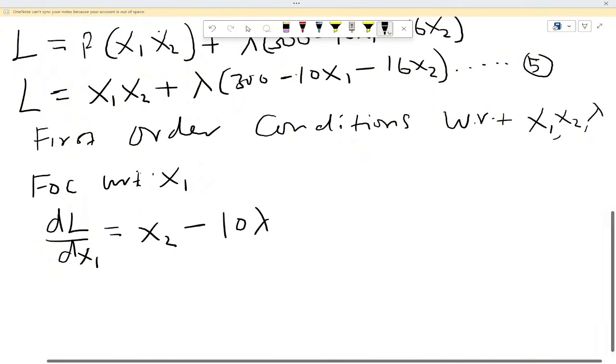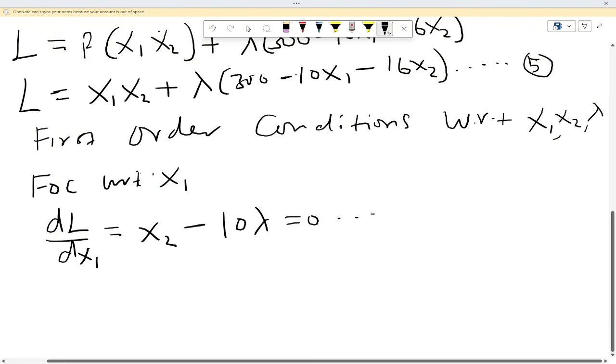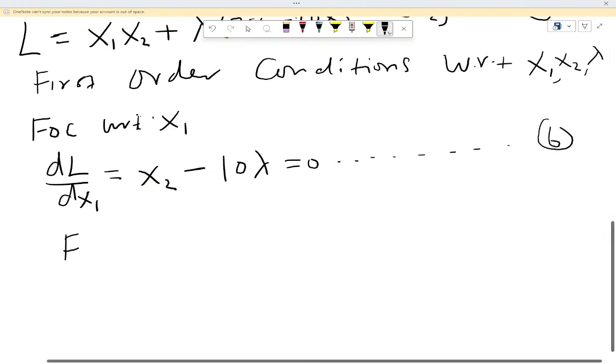Now this, you equate to 0. This is your equation 6. You will do the same thing for the FOC with respect to x2.